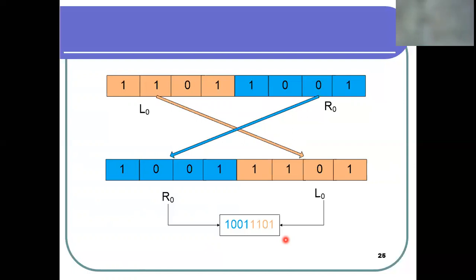These are linear approximation as well as differential approximation probabilities, and your substitution box must satisfy some characteristics. Then after these characteristics, you have to utilize these linear as well as non-linear components in your block ciphers.